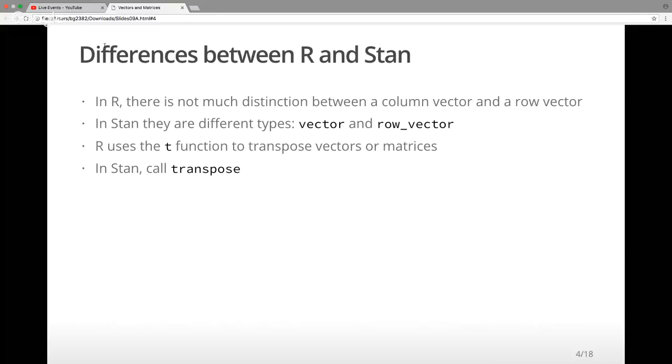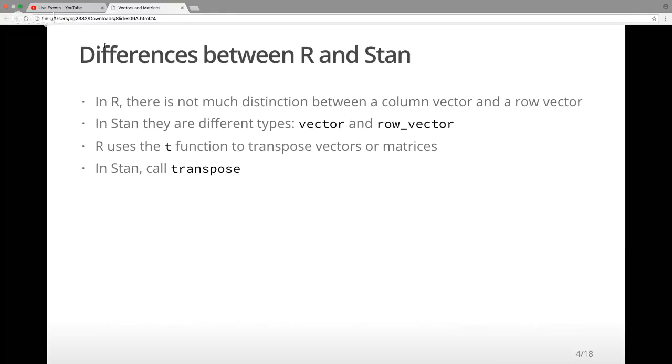You can have a vector of character strings. In Stan specifically, vectors contain real numbers. So that's one difference. And also there are different types, a vector and a row_vector, that are usually not that important.